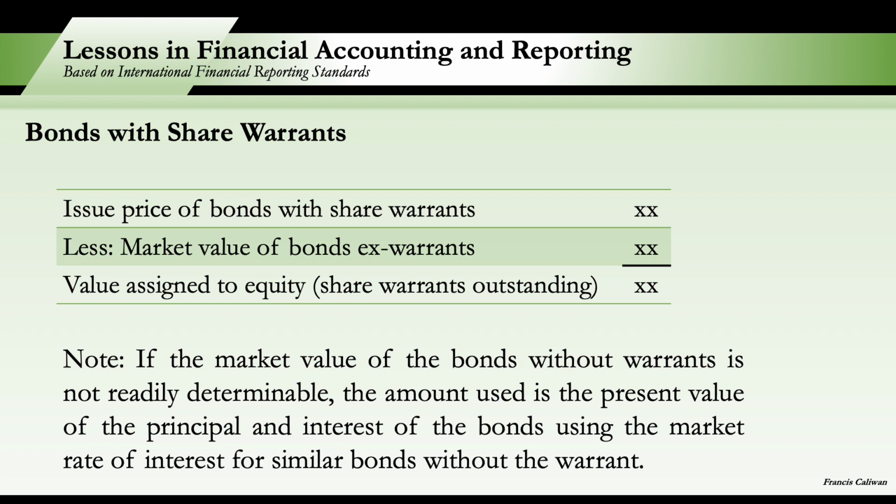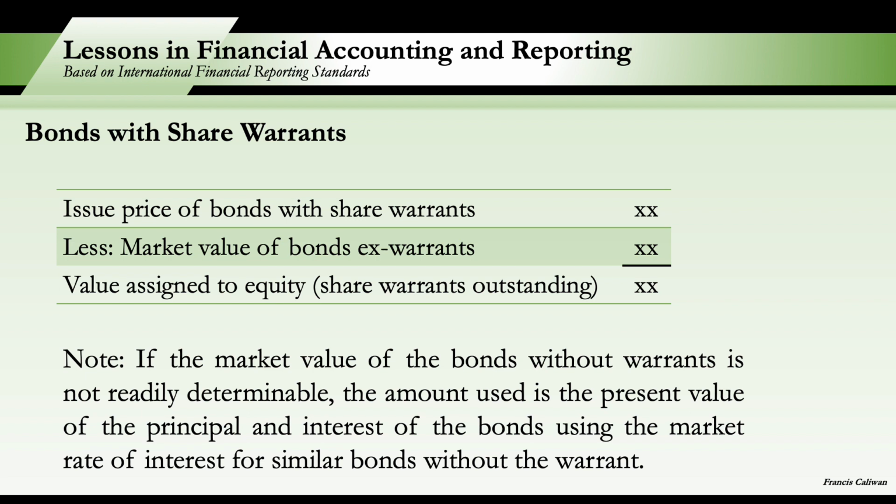Okay, so again, in determining the value assigned to share warrant, we deduct the market value of the liability component, which is the bonds without the warrants, from the issue price of the compound financial instrument, or the issue price of the bonds with share warrants.